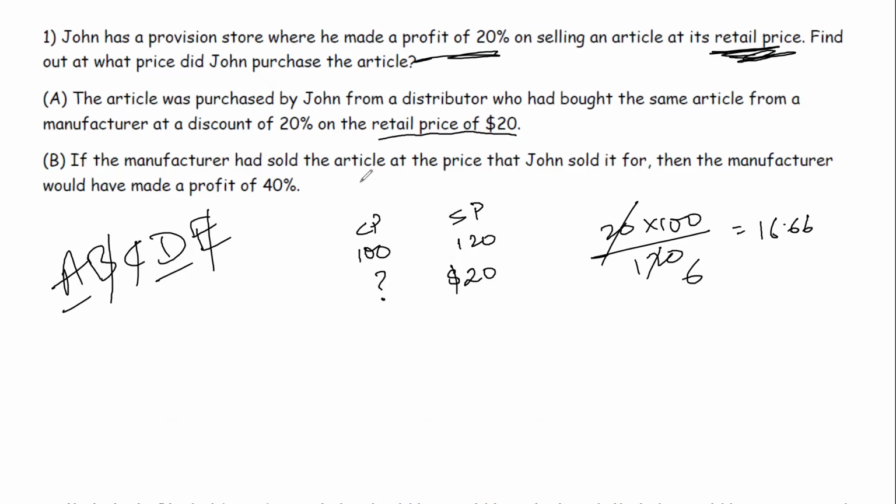Then the manufacturer would have made a profit of 40%. But we don't know what John sold it for. We know it's at the retail price, but we don't know the price. And hence B doesn't help us because it's only given us percentages and we don't have an actual number. So B is out and therefore D is out and only A answers the question. So A is the answer for the first one.